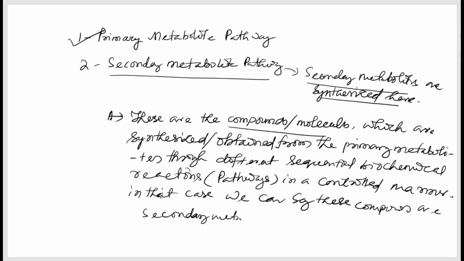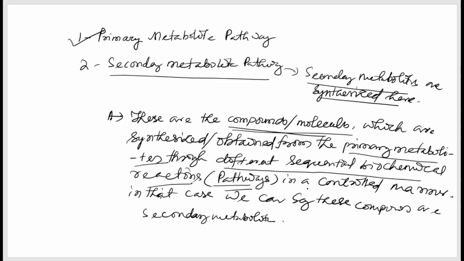So the secondary metabolites are nothing but compounds or molecules synthesized from the primary metabolites that we discussed in the primary metabolic pathway, through a different sequential order of biochemical reactions, the so-called pathways.